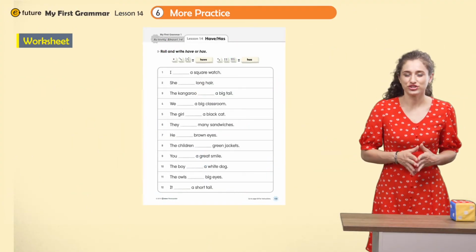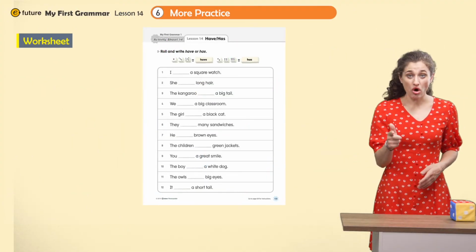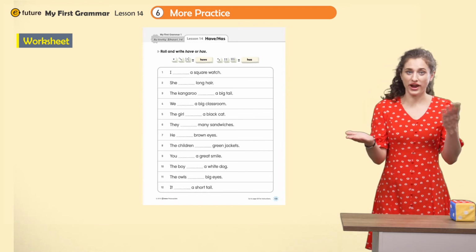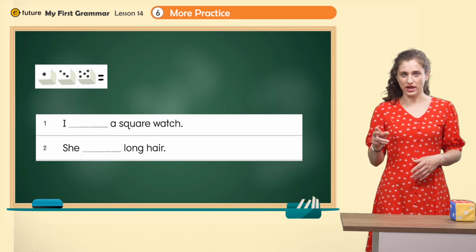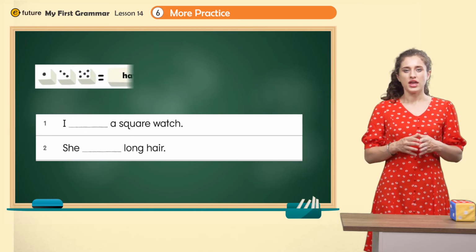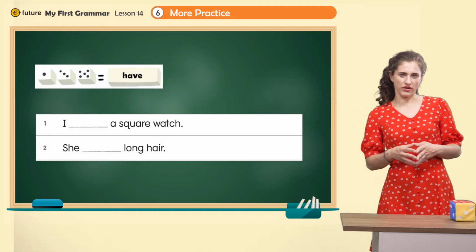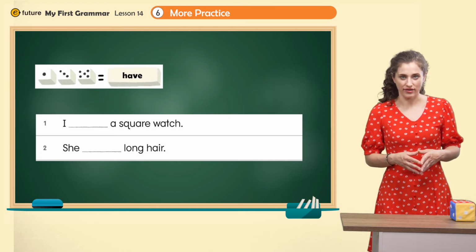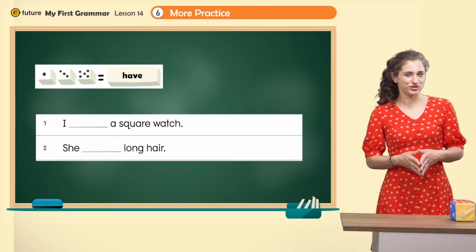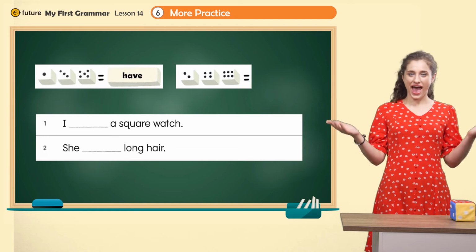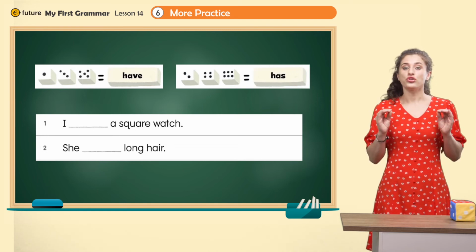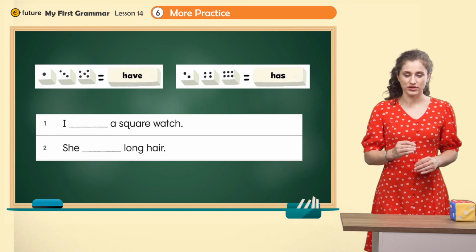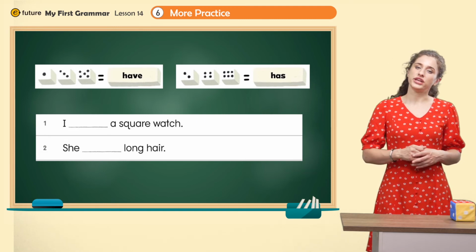Okay, let's do the activity sheet. Roll and write have or has. Look at this. 1, 3, 5, have. If you get 1, 3, 5, you write have. 2, 4, 6, has. If you get 2, 4, 6, you write has. Okay? Let's read number 1.